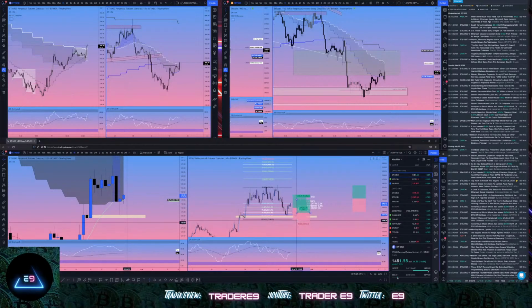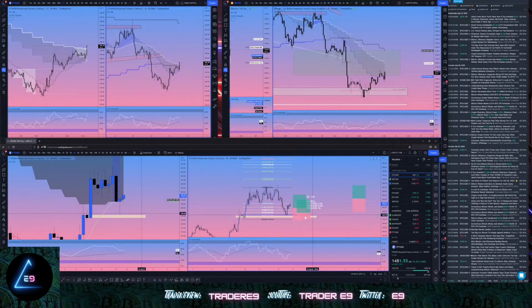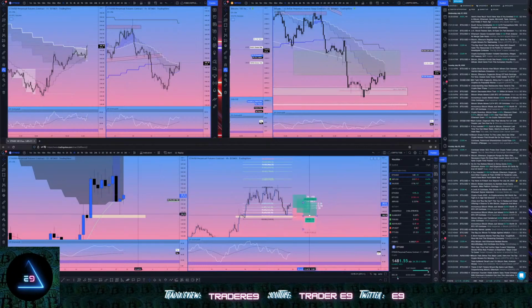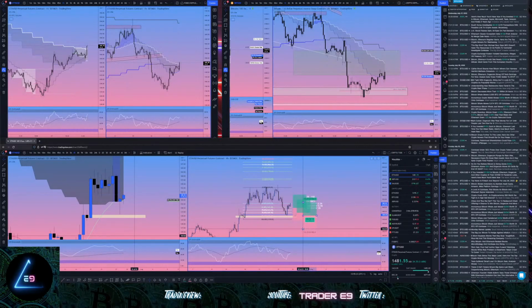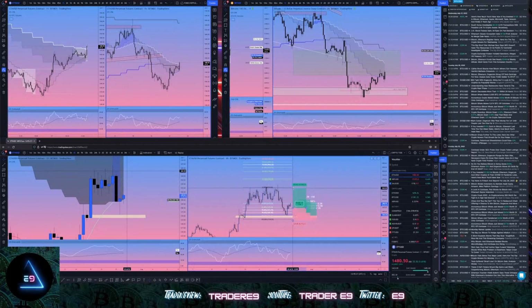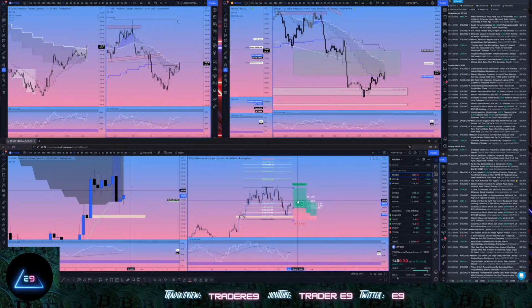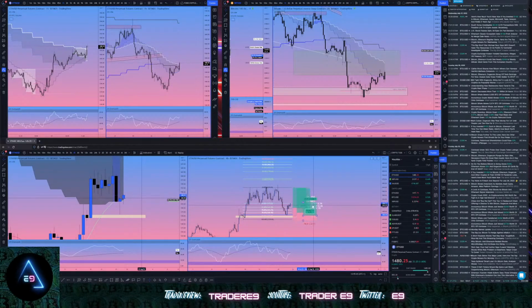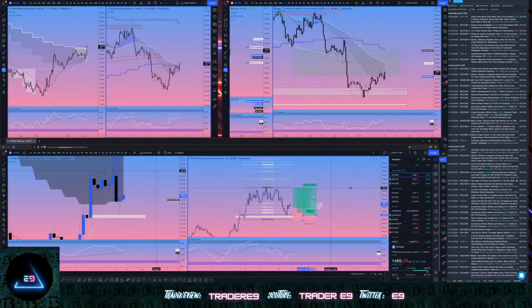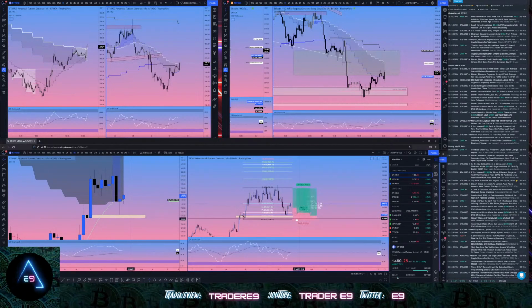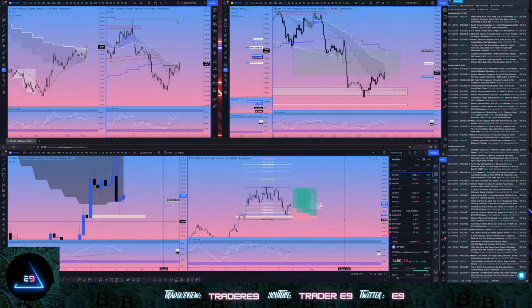Stop loss the same, then 88.6, stop loss the same. These targets are pretty much all the same, it's just the stop loss that is getting smaller. You see these red boxes there, that's a total of 2%. All good.